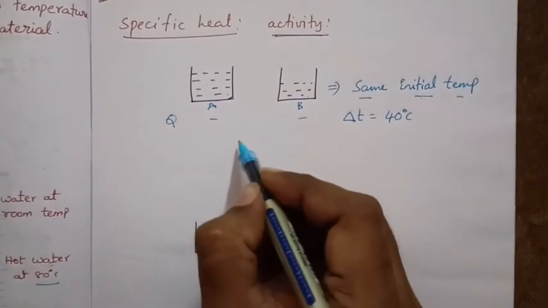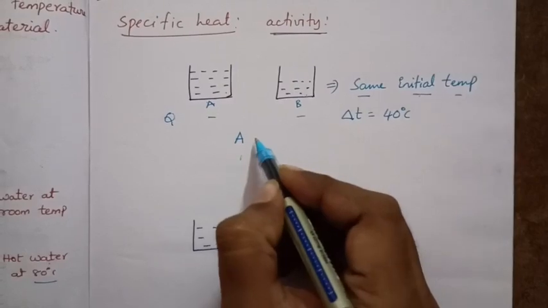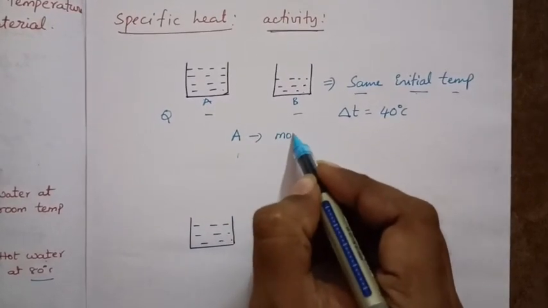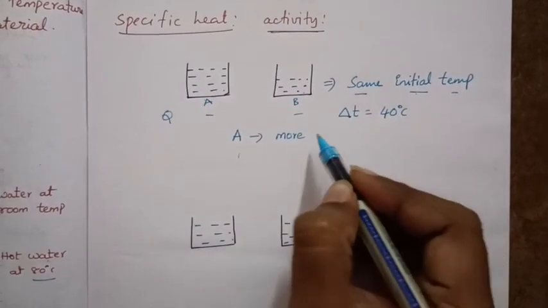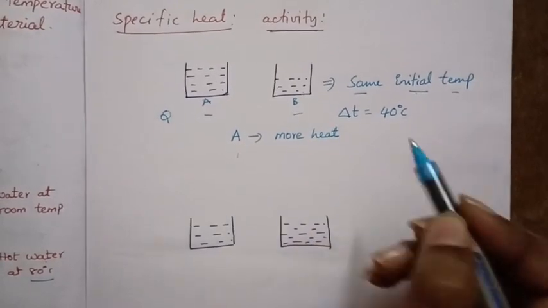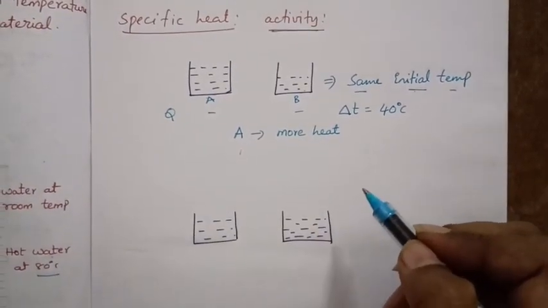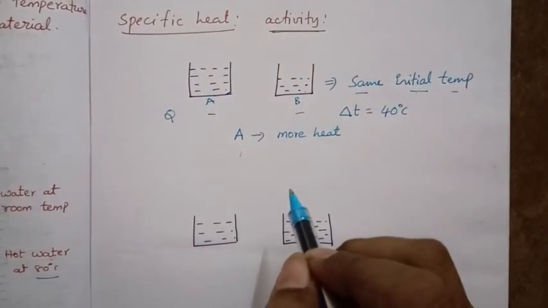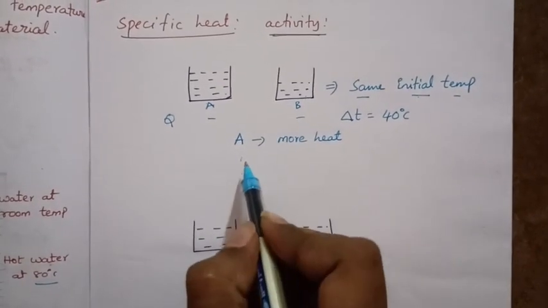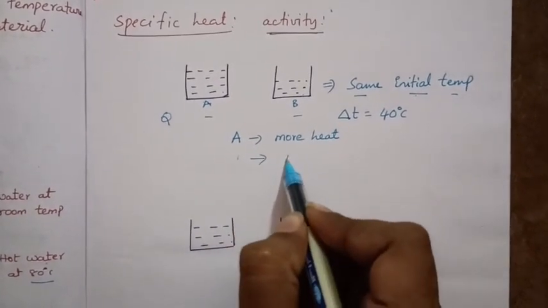Obviously A. For A we should give more heat to get the same temperature. Why? A has more mass.